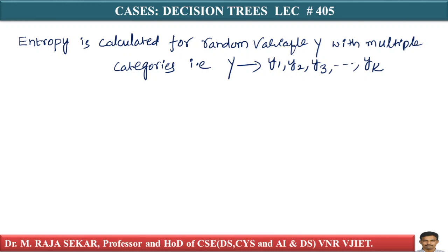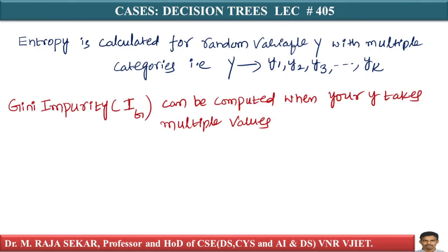Entropy is not limited to two categories. Not just entropy, even Gini impurity can be computed when your y takes multiple values, isn't it?